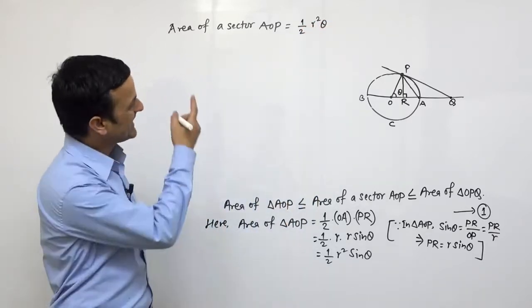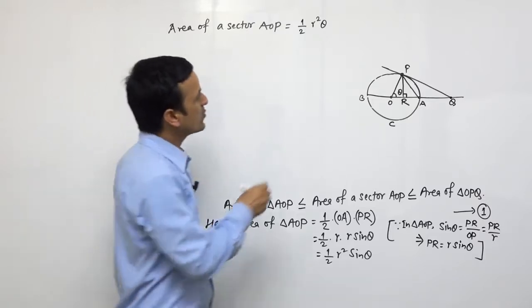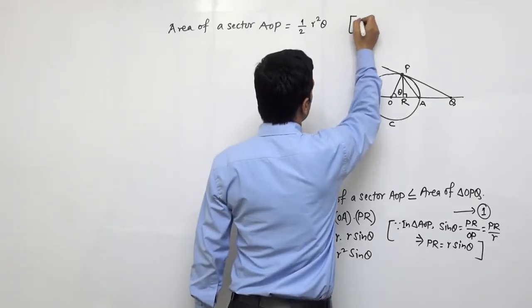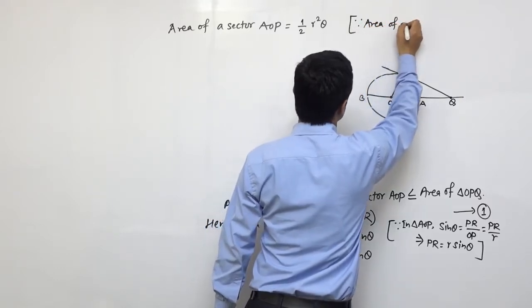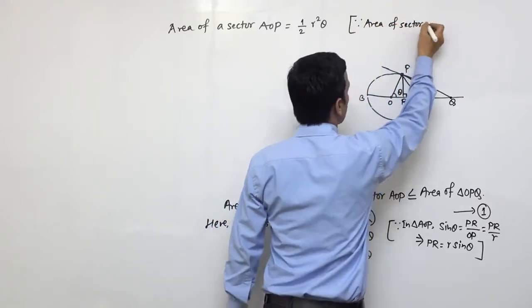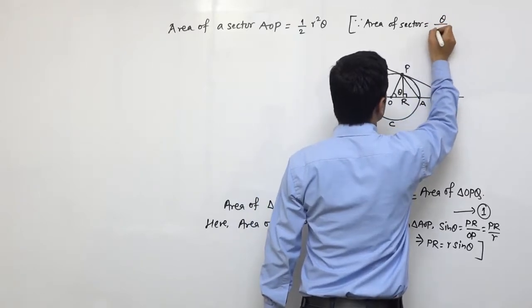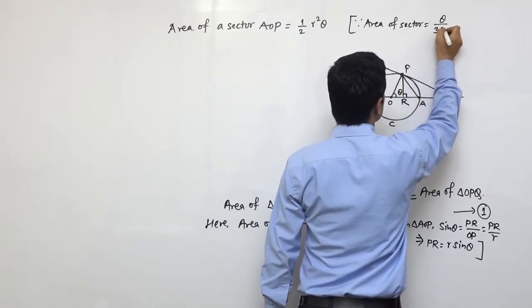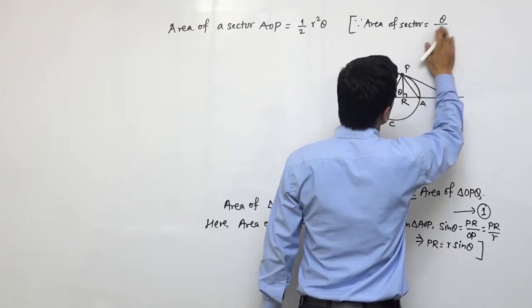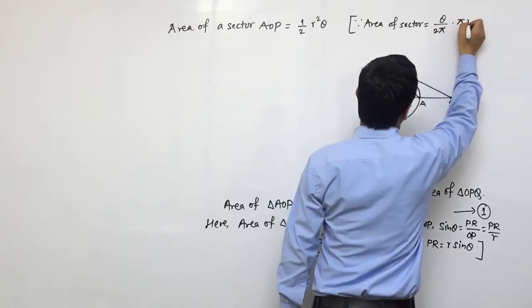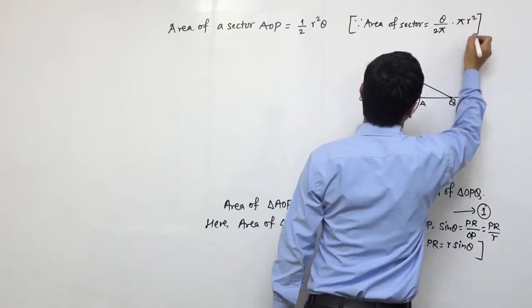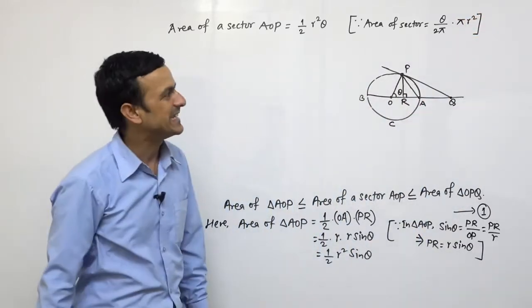So this is the area of sector. As you know that the formula of area of sector is theta upon 360 degree, or we can write theta upon 2 pi times pi r square. So this is the formula to find the area of sector.